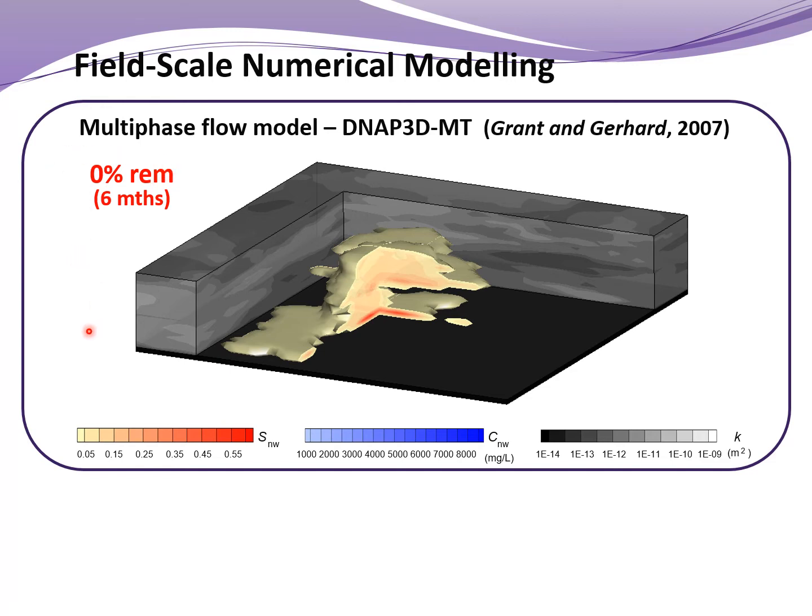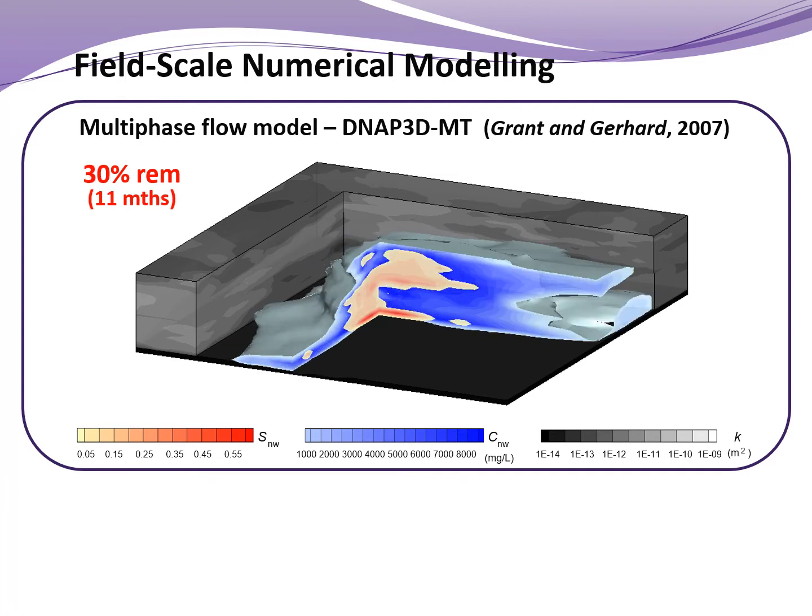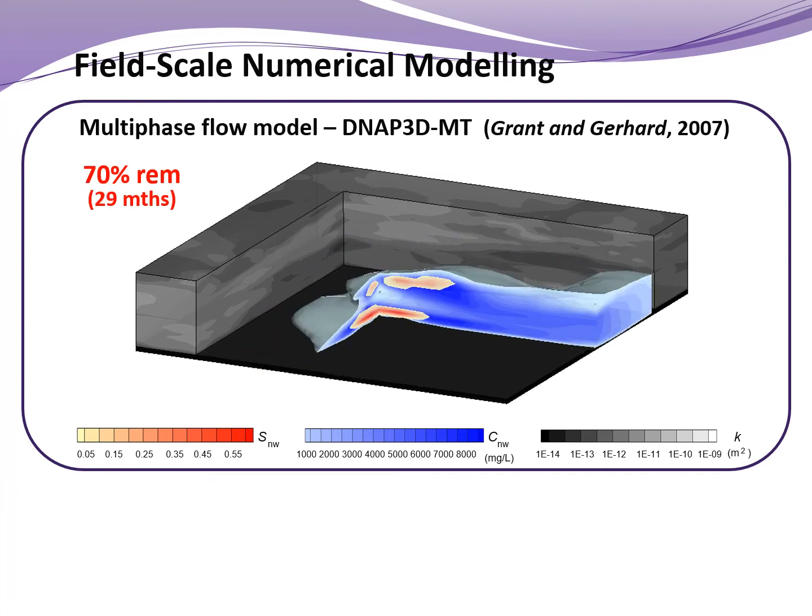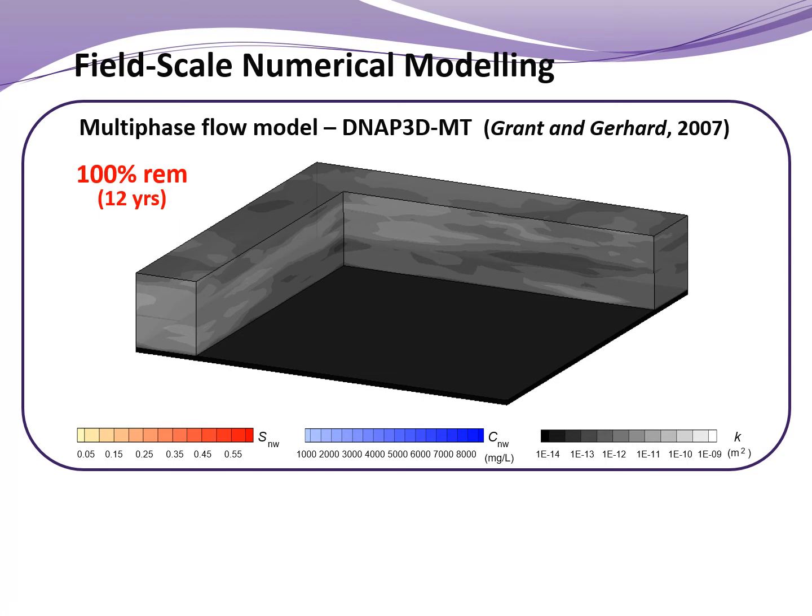So this is really the scenario that we typically have when we arrive on site, with an existing DNAPL source zone in the subsurface, and then when we implement our remediation strategy, we will dissolve or remove or destruct our DNAPL mass over time.